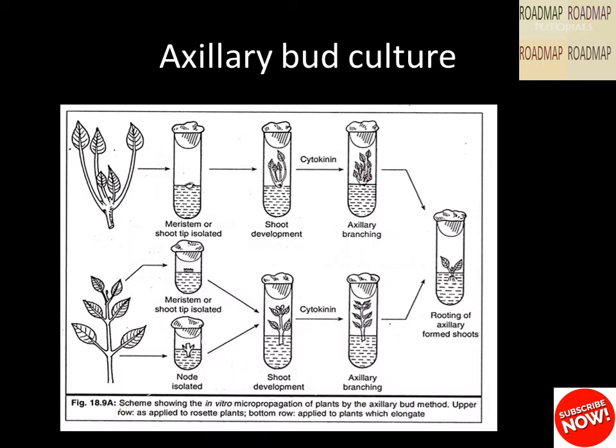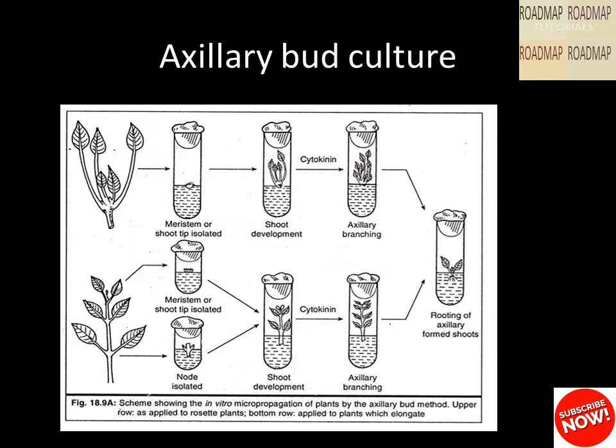Now coming to the axillary bud culture. Shoot tip along with the axillary bud is isolated. So a shoot tip with the axillary bud is the explant, and then the cultures are carried out with a high concentration of cytokinin. And from the figure you can see that the explant is taken, and then the shoot tip is isolated.